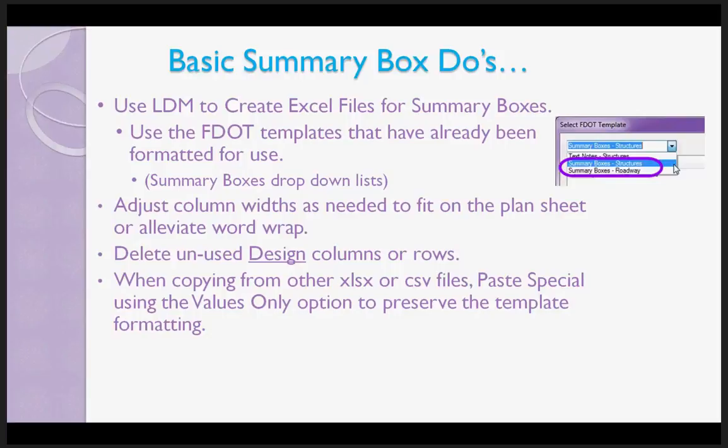Because if you don't use the values only option, it brings some of that formatting from that other file into that spreadsheet. And if you change the borders or you change the font, well, you've just changed what it looks like when it comes into MicroStation. So that's one of the things I always try to remind everyone.